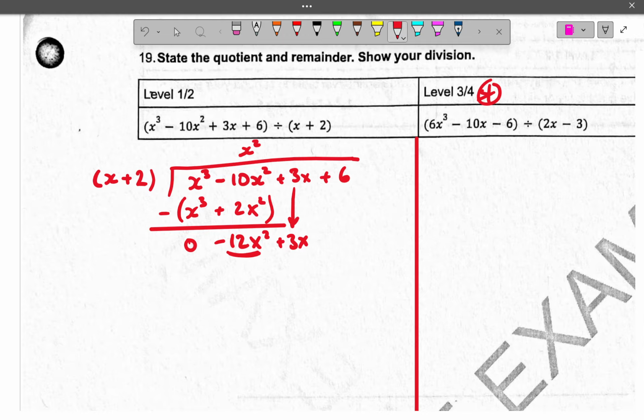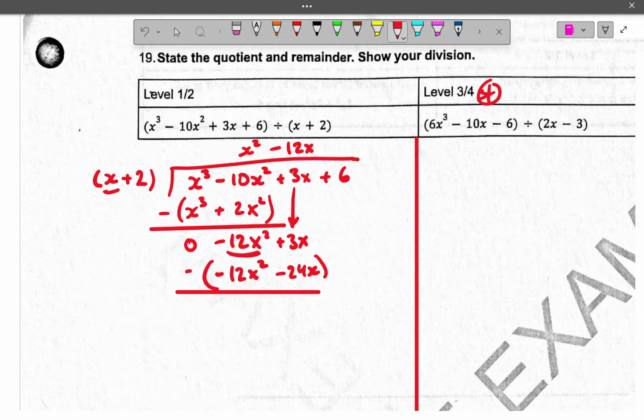Right now, if I have an x, what's missing is a negative 12x. I put that on top in the x column. Negative 12x times x gives me negative 12x squared, and negative 12x times 2 gives me negative 24x. And we subtract.